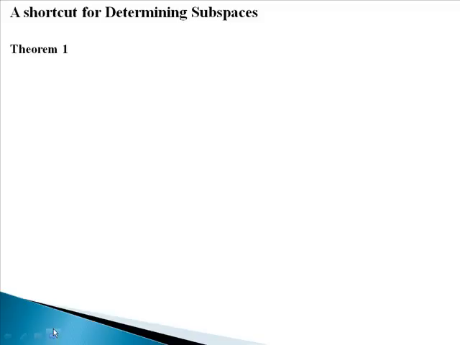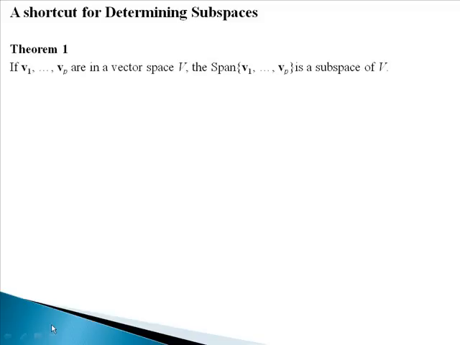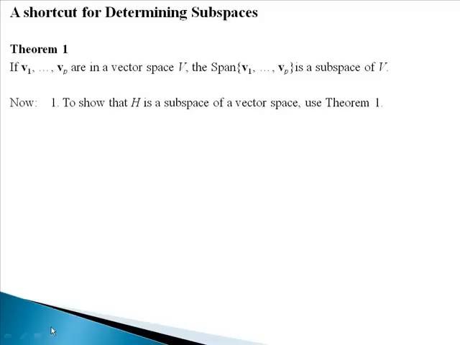So this leads us to a shortcut for determining subspaces. Theorem 1 says that if I have vectors v1 through vp that are in my vector space V, then the span of those vectors is a subspace of V. So now here's my shortcut.